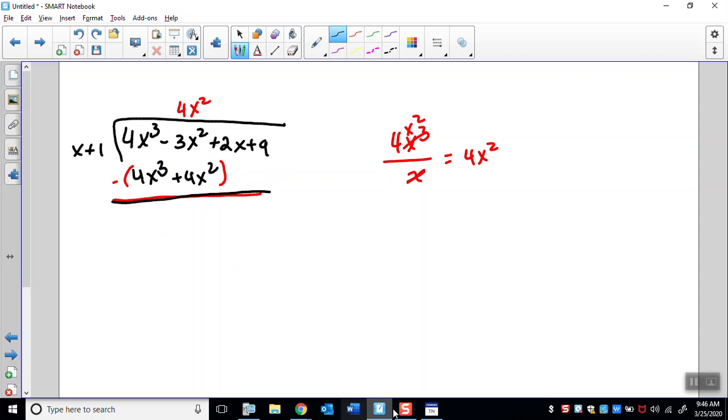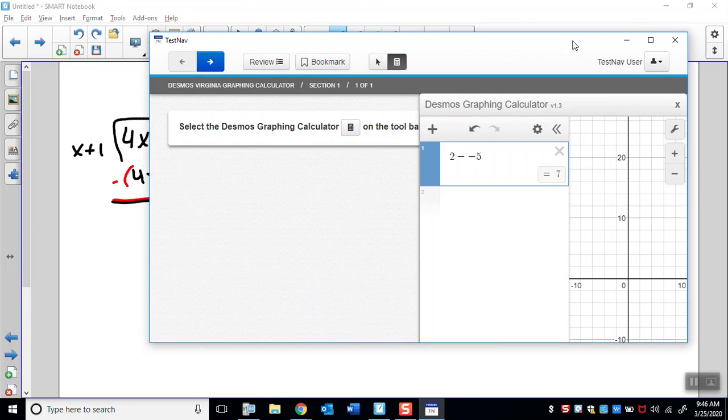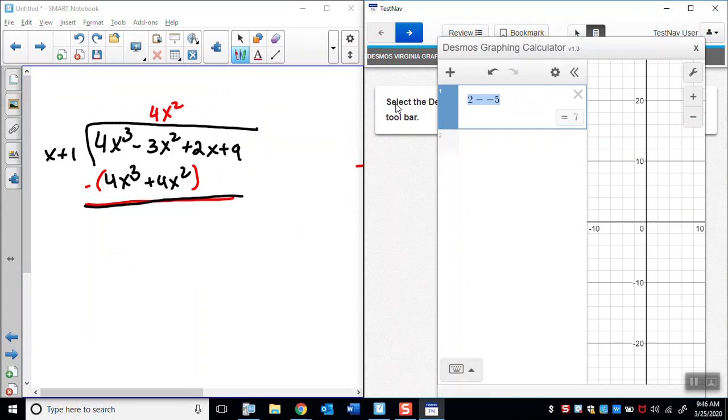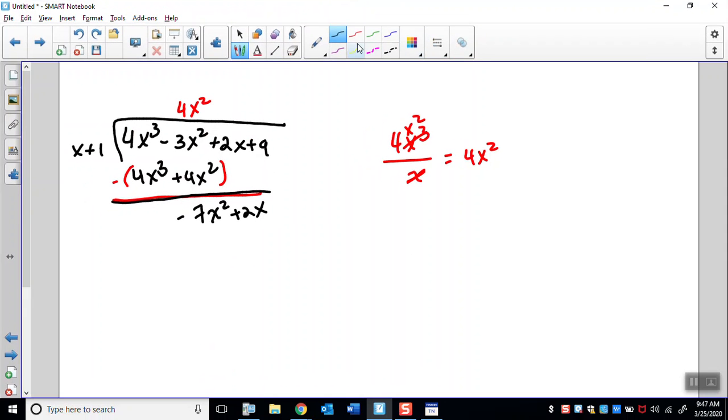Negative 3 minus 4, okay? Negative 3 minus 4. I love Desmos. Negative 3 minus 4 is negative 7. Negative 7, and then you have x squared. Bring down the 2x. So now we do negative 7x squared, this term right here, divided by x.